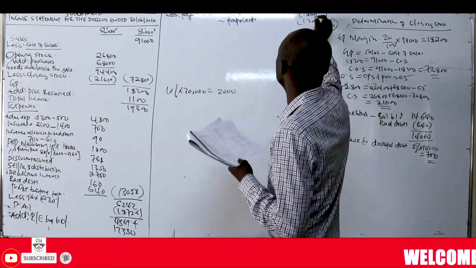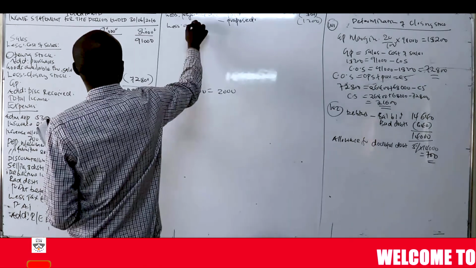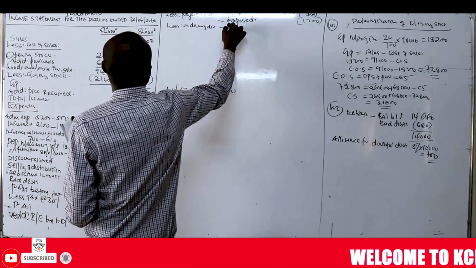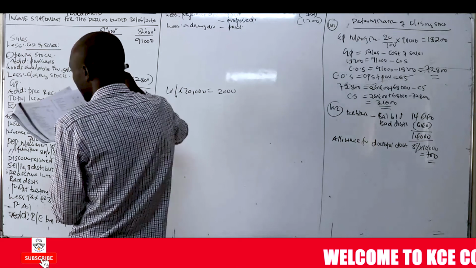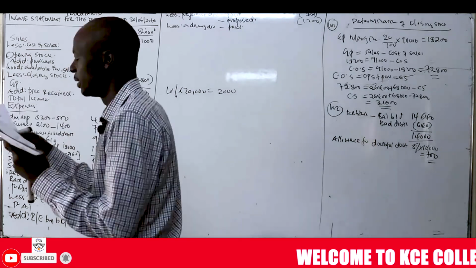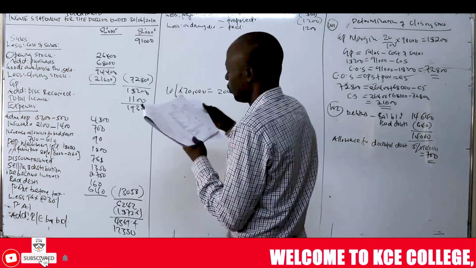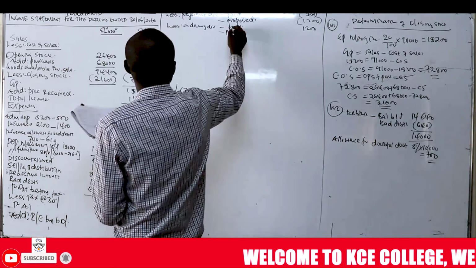And then you're going to less ordinary dividend. Paid ngapi? Paid indicated in the trial balance. The one that is paid is 1,200. And then 6% proposed.